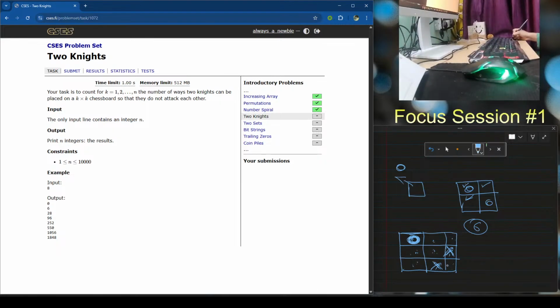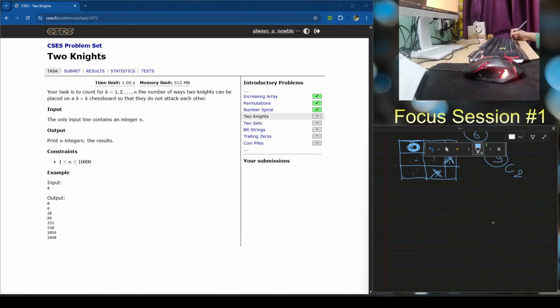like if it is 3 cross 3, which means there are 9 positions. 9 C2 are the total number of ways, and there are places which are invalid. That is, if I place my second knight here, they will attack each other. Okay, so if it is 3 cross 3 it is 9 C2, and 9 C2 means 9 cross 8 by 2, that is 36.